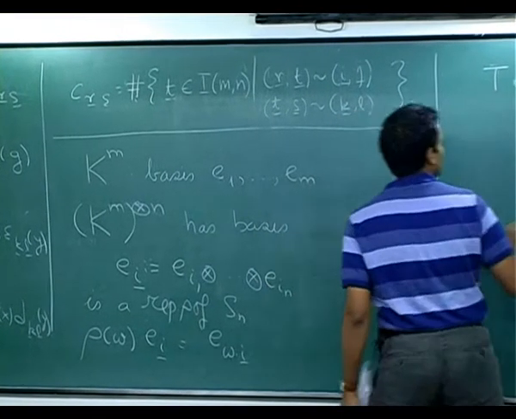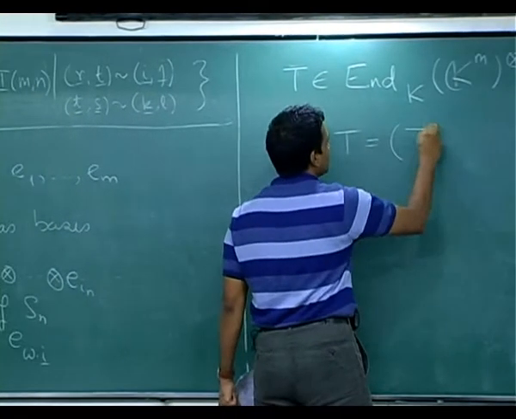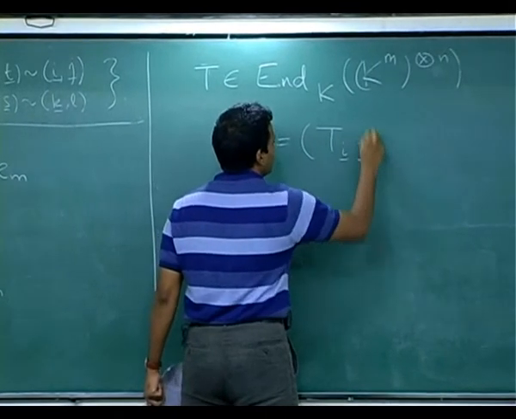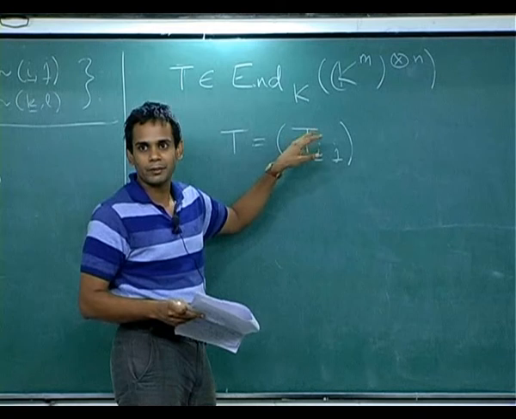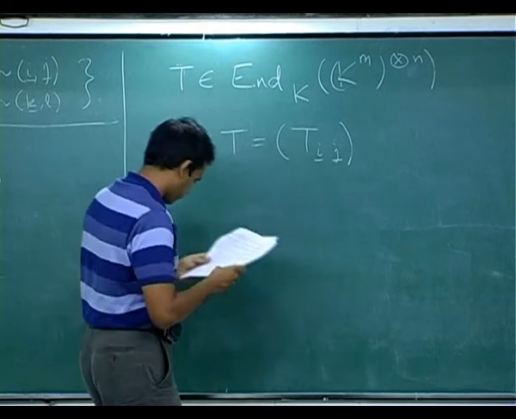So, the notation I will use is that T is T_Ij, where T_Ij is the Ijth entry of this matrix corresponding to the multi indices I and j.